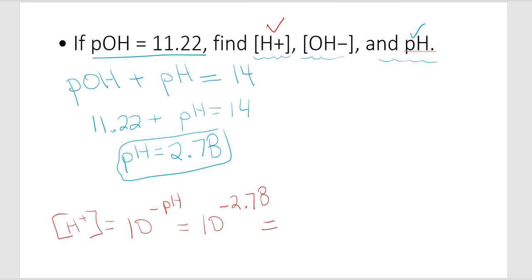But in this case, since it is a decimal, it's not going to be 1 times 10 to the negative 2.78, because you can't have a decimal within your exponent. So we're going to plug it into our calculator. 10 raised to negative 2.78 gives us 1.6, I'm going to go ahead and round it, 1.66 times 10 to the negative 3.